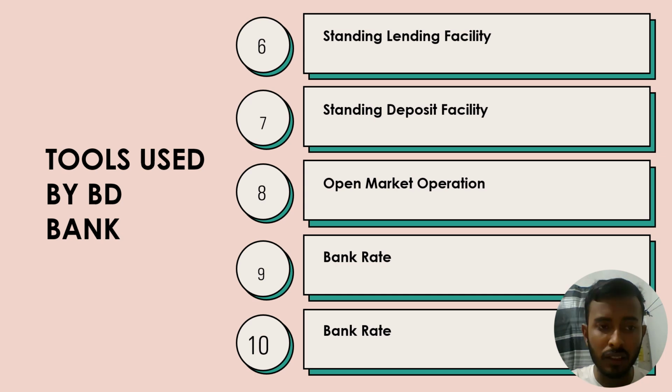And the ninth tool is the bank rate. It is the rate at which Bangladesh Bank gives long-term loans to commercial banks or financial institutions. It is not used as frequently as repo, but it influences the overall lending rate in the economy. With a higher bank rate, borrowing is expensive and credit shrinks; with a lower bank rate, borrowing is cheaper and credit expands.